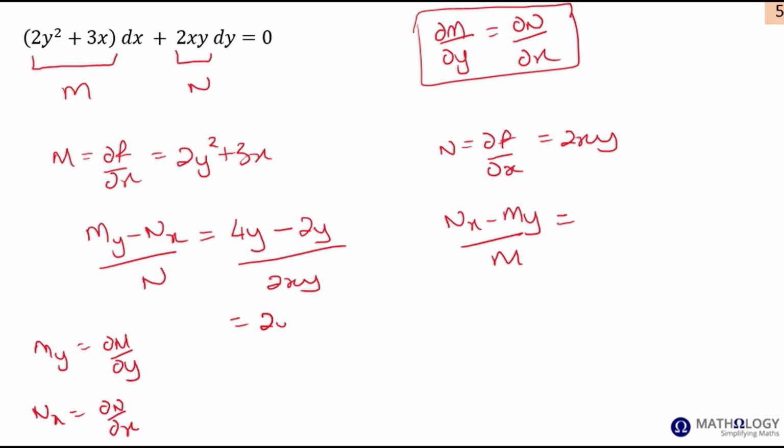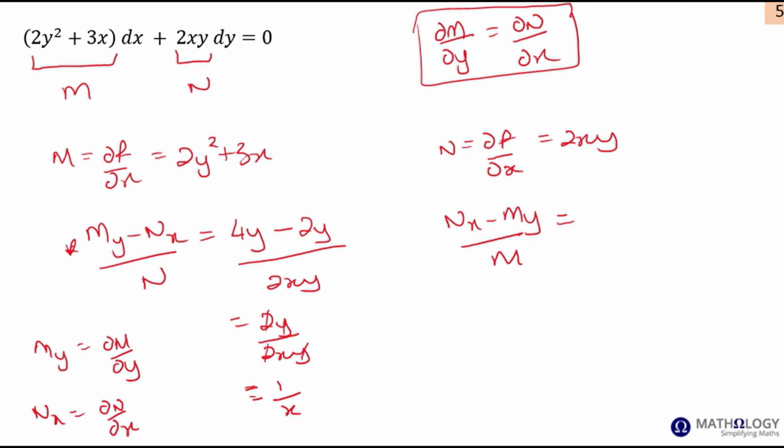Simplifying that, we get 2y over 2xy. The 2's will cancel, y will cancel, and this expression simplifies to 1 over x. Now this is an expression that we can integrate quite easily to get the integrating factor. Once you've established one of these expressions that can be easily integrated, there's no need to do the same thing for the other expression.